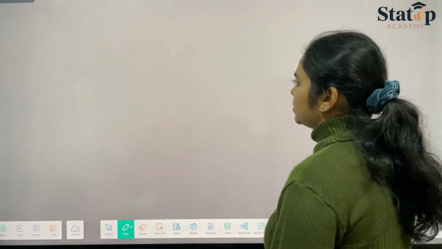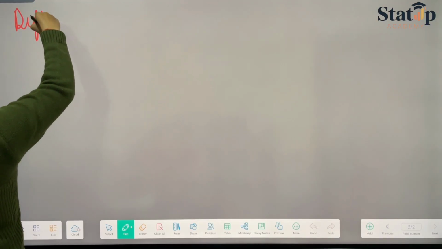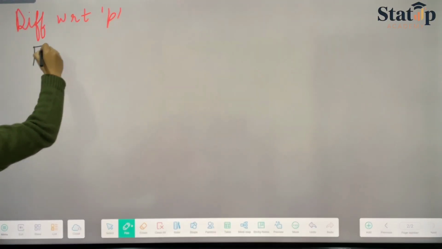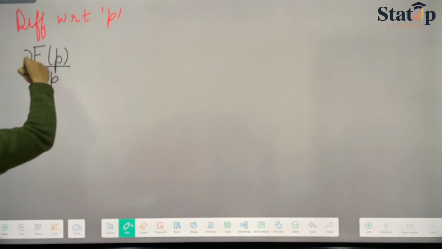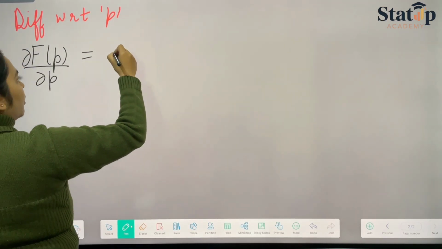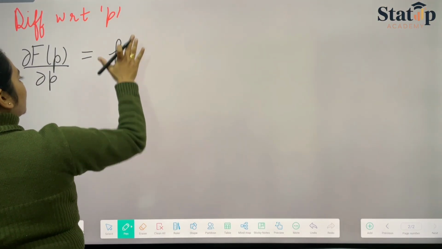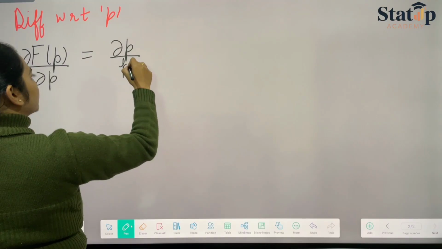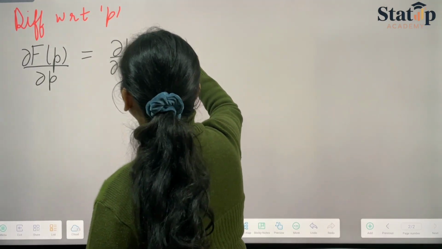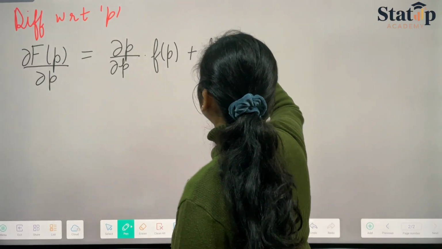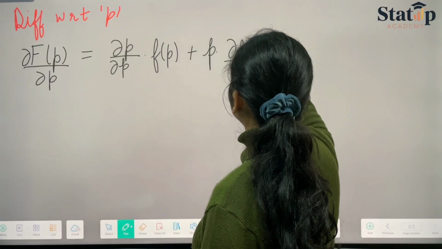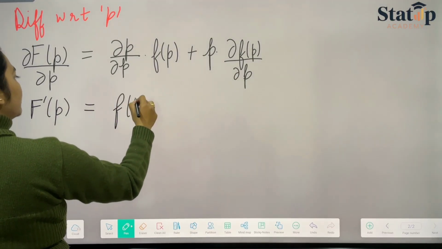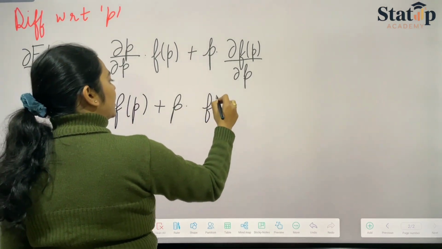Now we'll differentiate this with respect to P. If we differentiate that with respect to P, we will be getting F'(P) equals, the multiplication rule will follow: differentiation of the first, which is differentiation of P, into the second one remaining as it is, plus the first one remaining as it is, into differentiation of f(P) with respect to P. So here we can write F'(P) equals f(P) plus P into small f'(P).